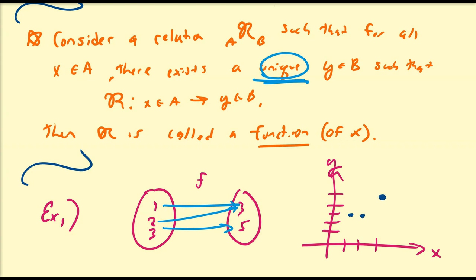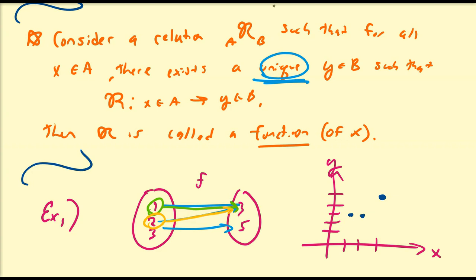So what does this definition of a function say? So consider relation R related to A and B such that for all x in A there exists a unique y such that x goes to y. So is there a unique y that 1 goes to? Well, 1 goes to 3, therefore 3 is the unique y that corresponds to 1. So with respect to 2, is there a unique y that corresponds to 2?